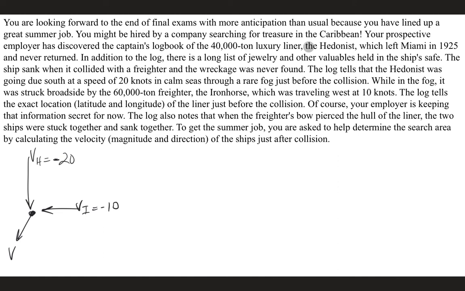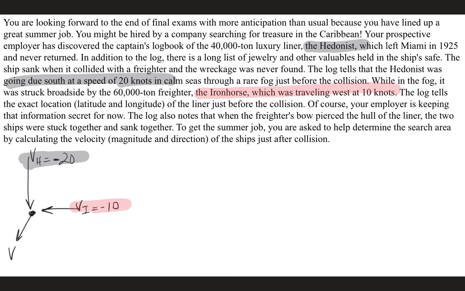So, hedonist, 20 knots due south. The iron horse, west at 10 knots. And so those things don't matter there.